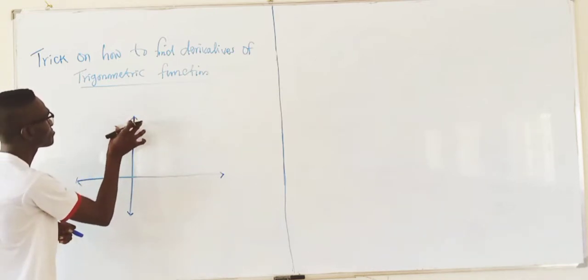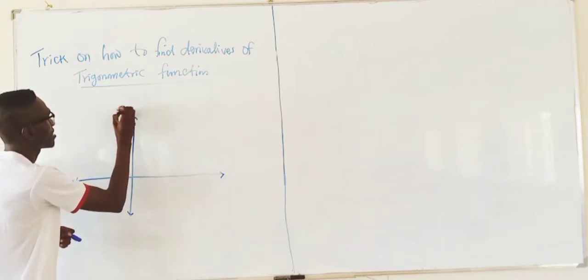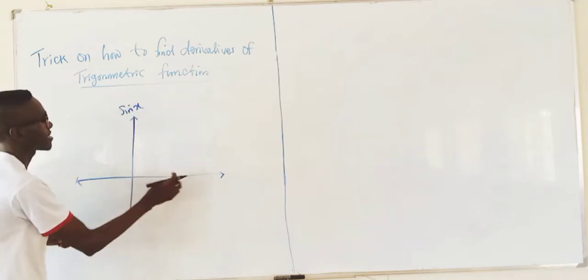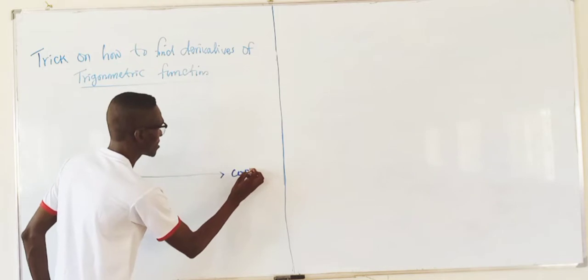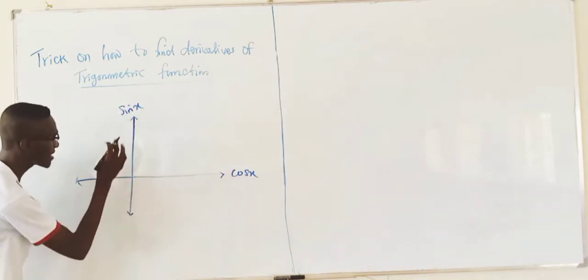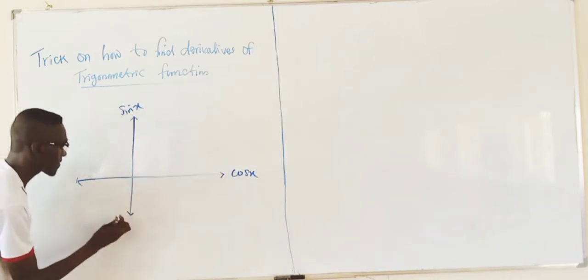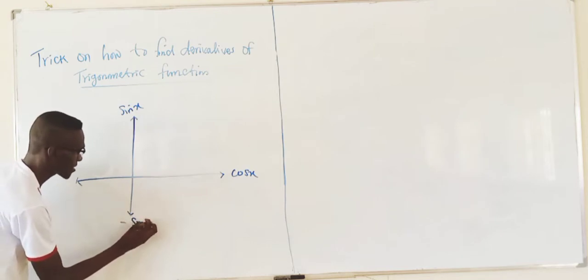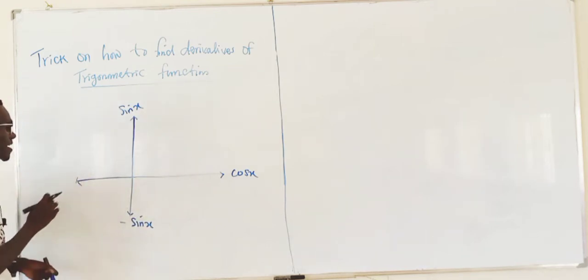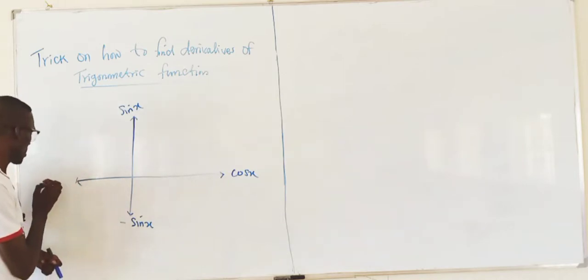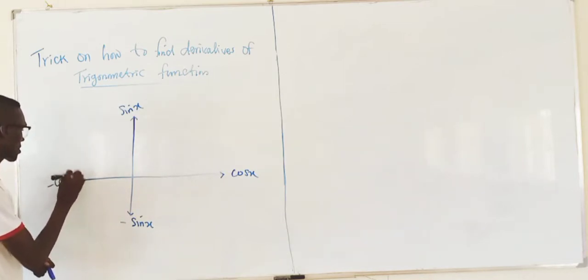So for this positive y-axis, we replace with sine x. For the positive x-axis, we replace with cos x. For the negative y-axis, it is just the negative of sine, which is minus sine x. For the negative x-axis, you replace with minus cos x.